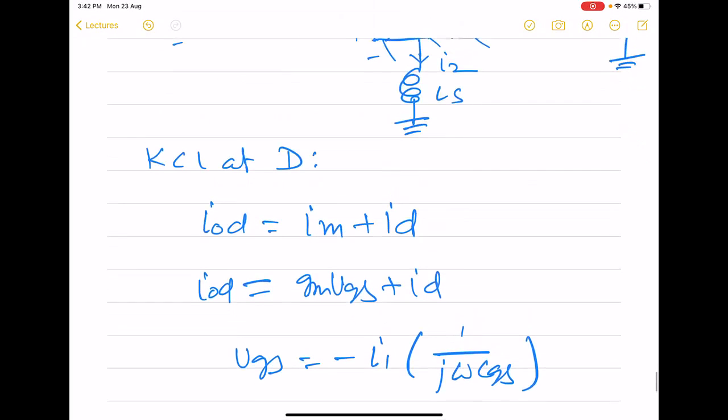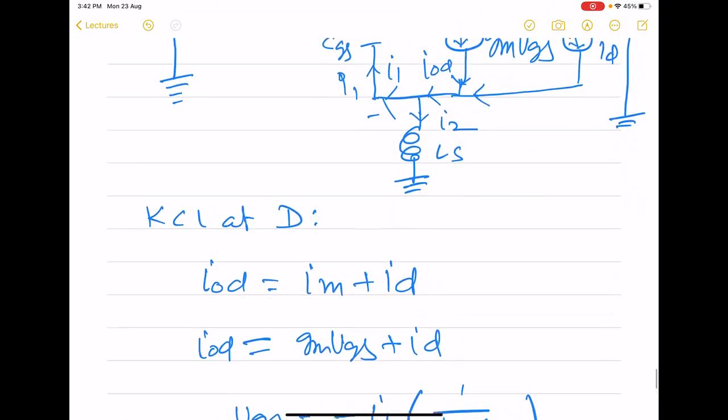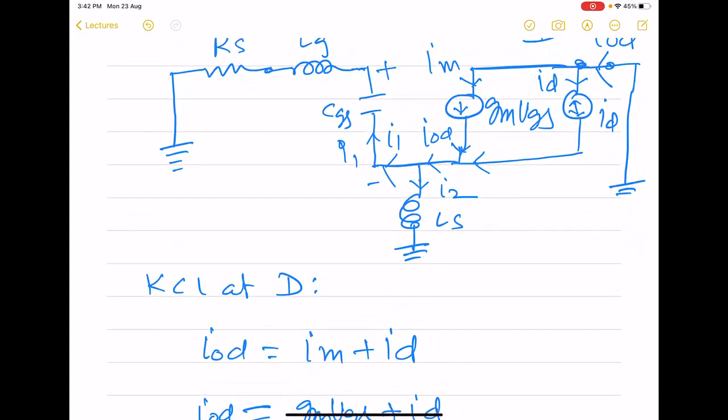Here we have to write I1 ultimately in terms of IOD, because it is this IOD current which is getting divided into two parts, I1 and I2.